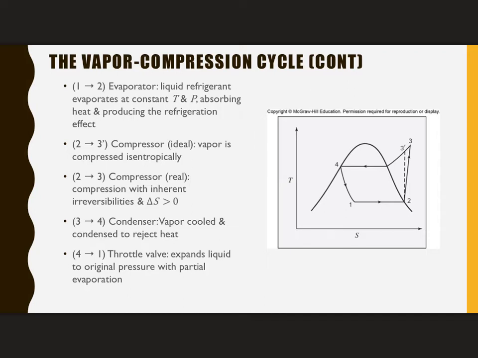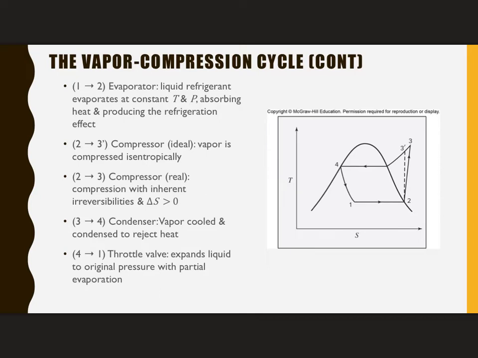The next step is that we actually need to do the work input here to increase the pressure. Now, in this diagram, what you're going to see is we have both a state 3' and a 3. 3' is the ideal. So the ideal compressor would be reversible and ideal, which means it's isentropic.